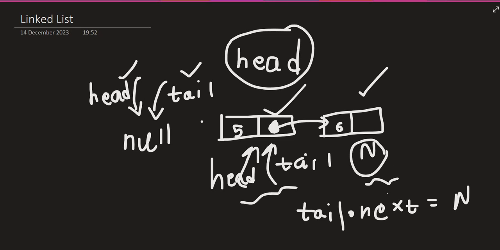Tail should always be at the last position. That means move the tail further. That means tail = tail.next.